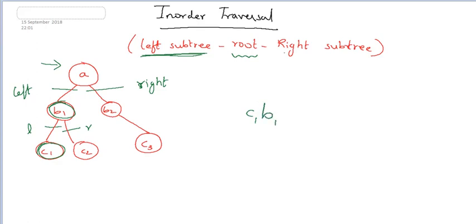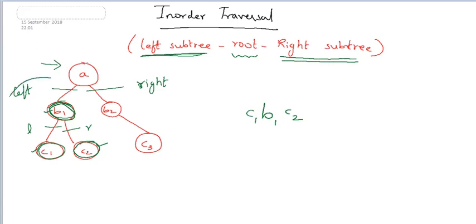And once the root is done, the next would be the right subtree. So the right subtree, if you see B1's right subtree, is going to be C2. So if you see, C2 will be printed. So if you consider this B1 as a root, I have operated its left first and the root and then the right. Now I have to move back again to A.